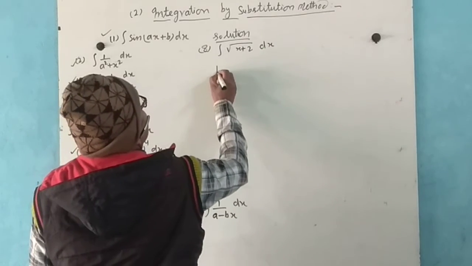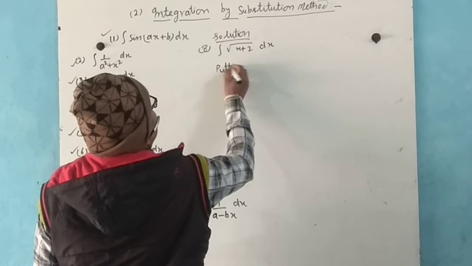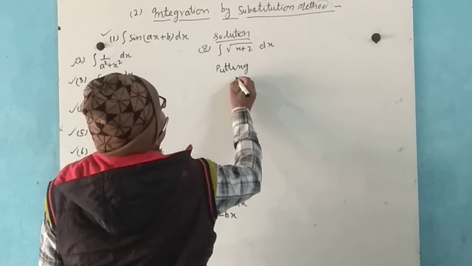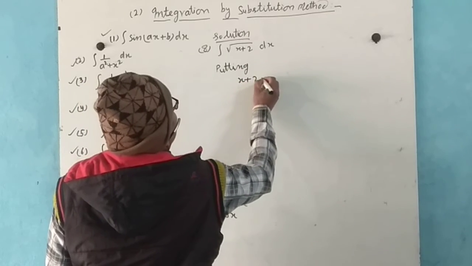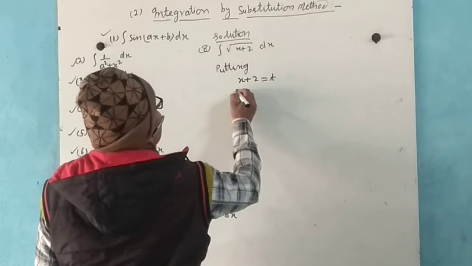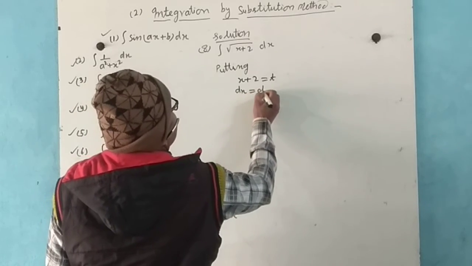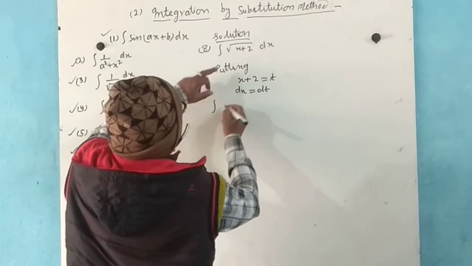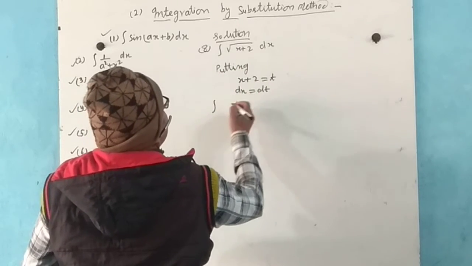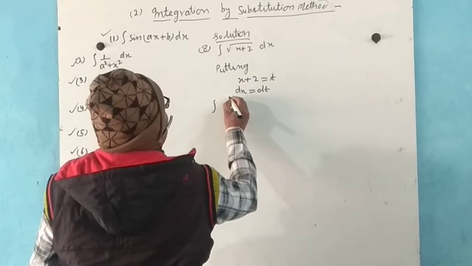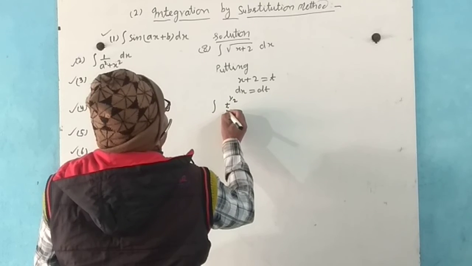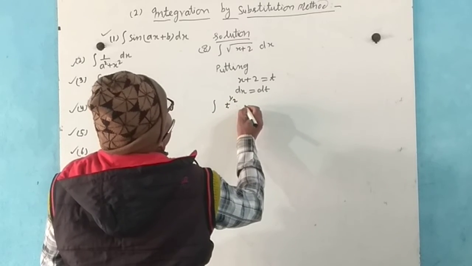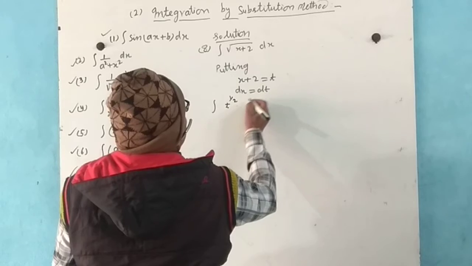Now putting x plus 2 equal to t, so that dx equal to dt. Now x plus 2 under root is t to the power half, and dx equal to dt.